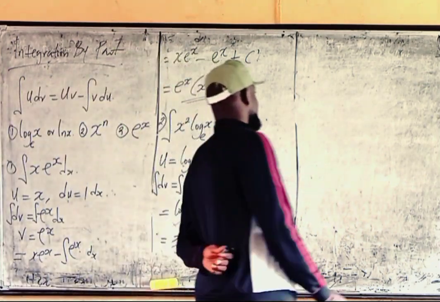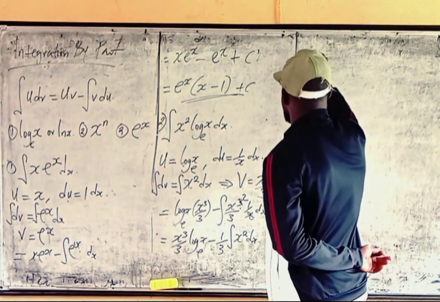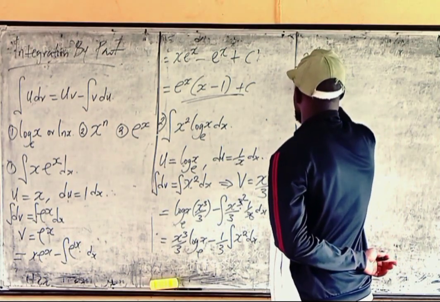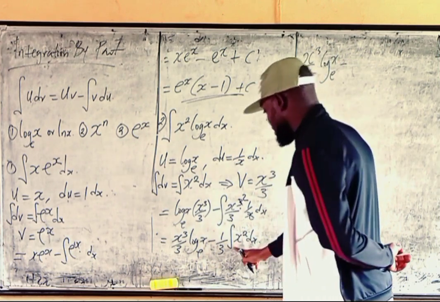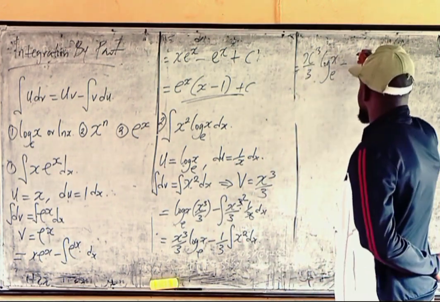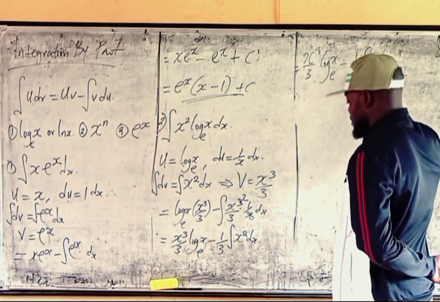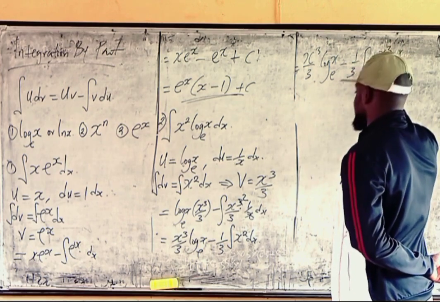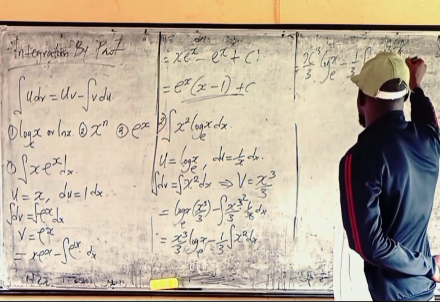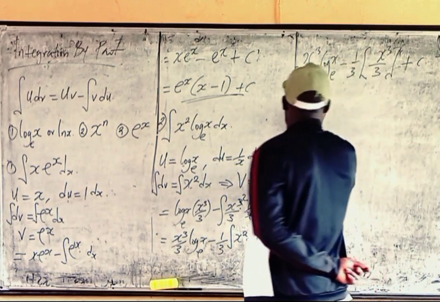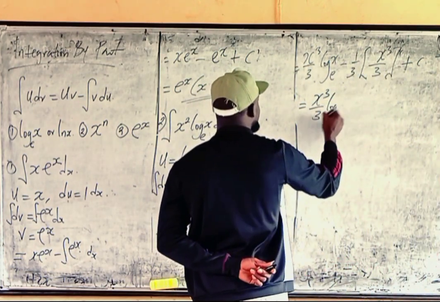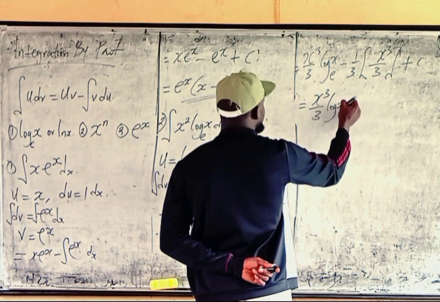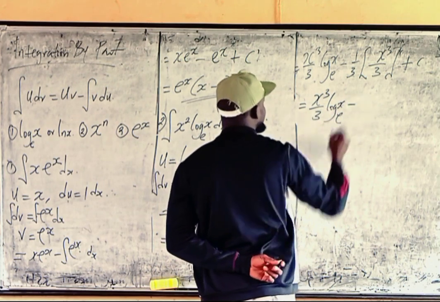So let's integrate this and see what we're going to have: s cubed over 3 log x to base e minus 1 over 3 times the integral of s squared, which is s cubed over 3, then plus c.